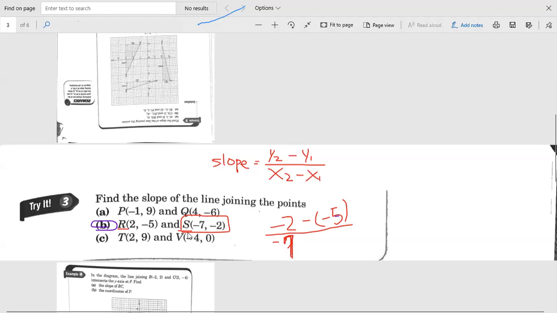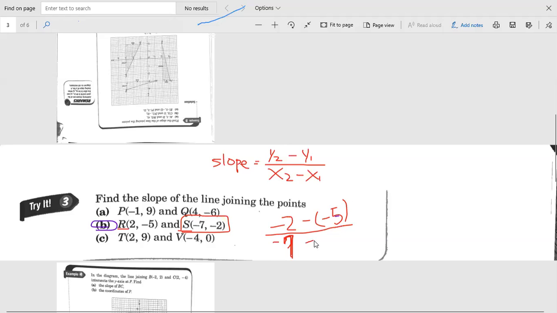Okay, you can either use -7 as x2 or 2 as x2, but you need to have the same order like y2 and y1, okay? So x2 for the slope of R and S will be -7.